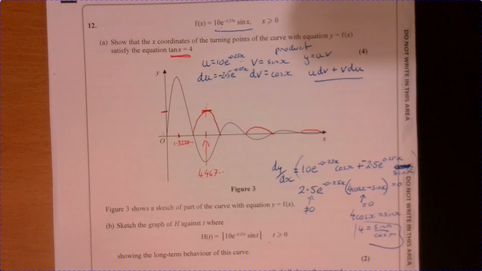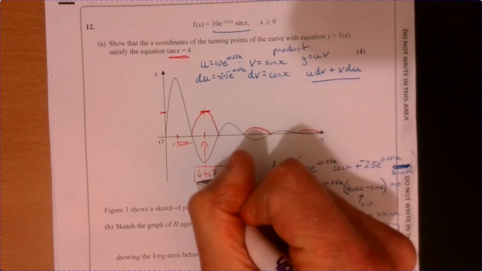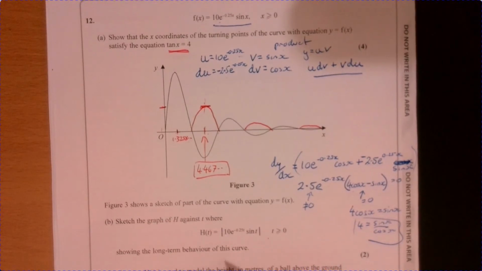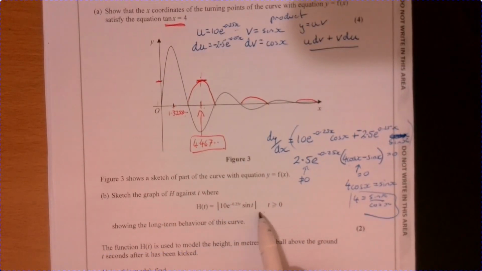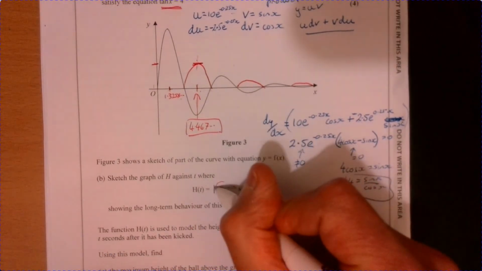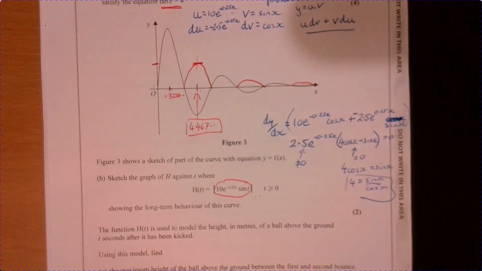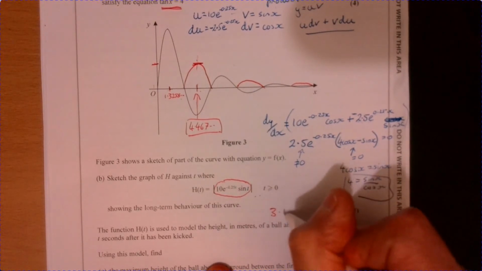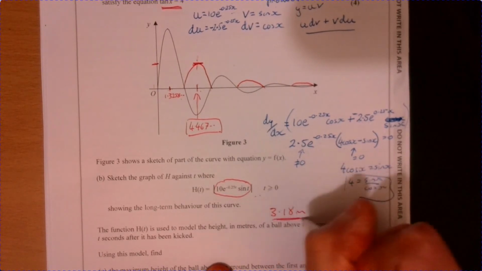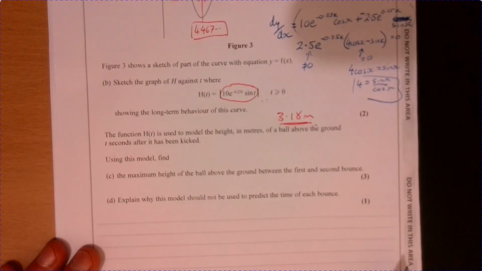Okay, so all we need to do is sub this value into here. Now obviously, if you just put it in, it's going to give you a negative value, but we're going to take the positive answer. So if we sub it in, it gives us 3.18 meters. So we've done C.